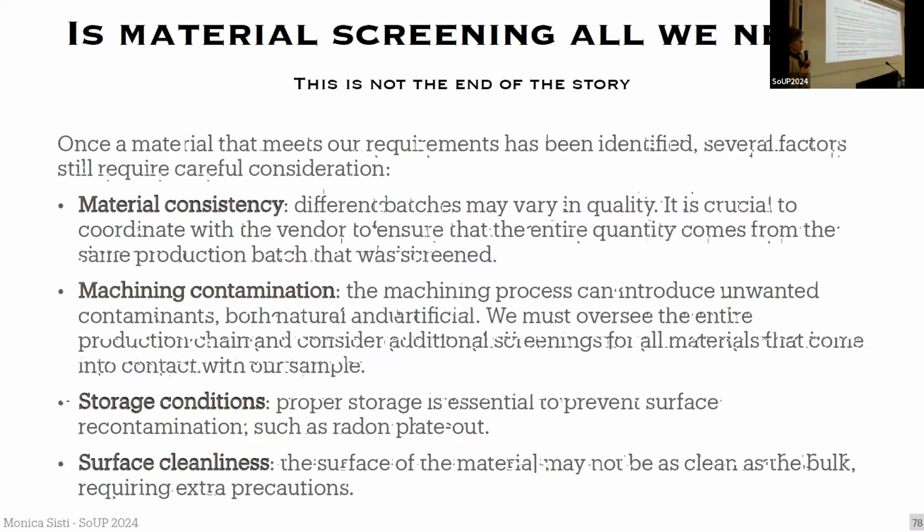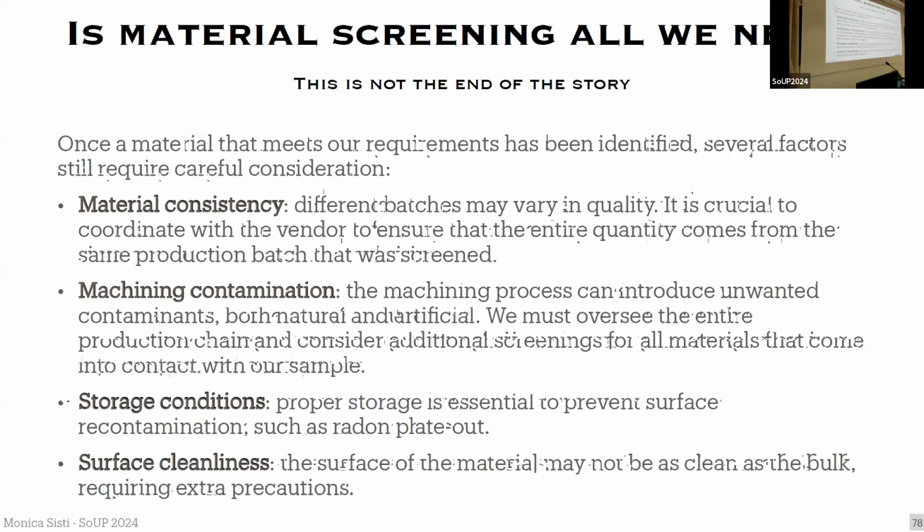You also have to machine your sample, and machining usually introduces contaminations. The storage conditions are important too, because you may have radon implantation, and if you are in a dirty environment, this can contaminate your sample. And the surface is never as clean as the bulk.